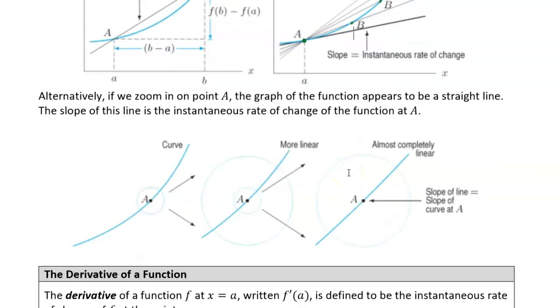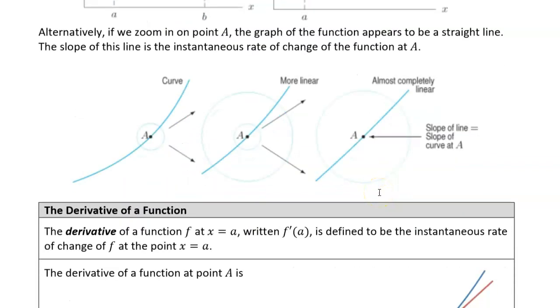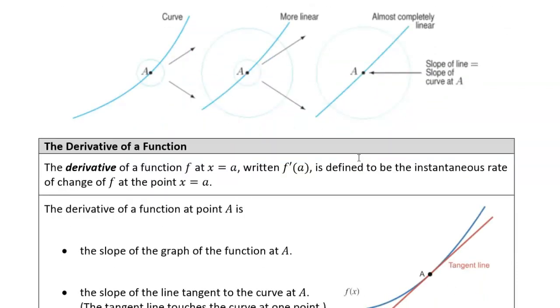All right. So another way to think of it is zooming in on that curve. As you zoom in closer and closer, the line looks more linear, and the slope of that line is the instantaneous rate of change. And that's also the derivative.